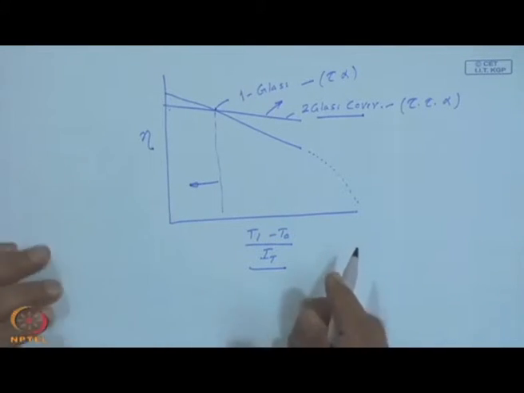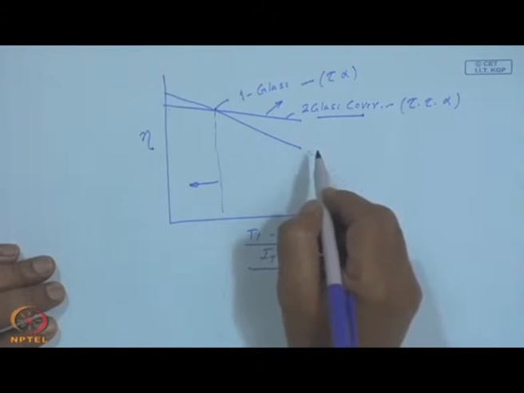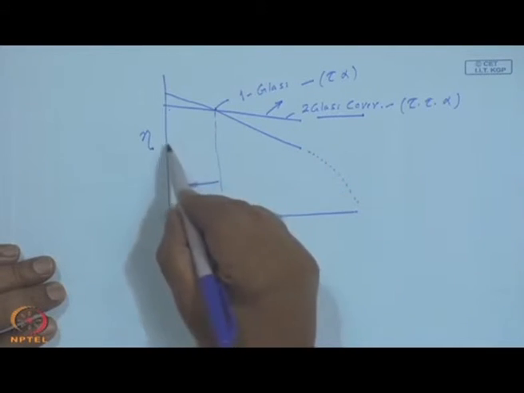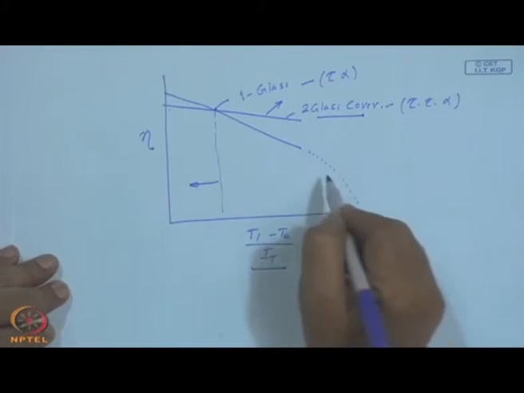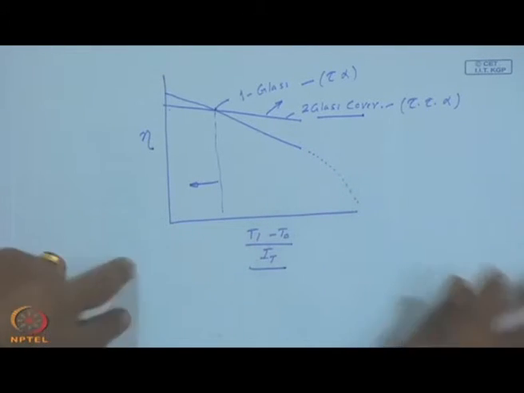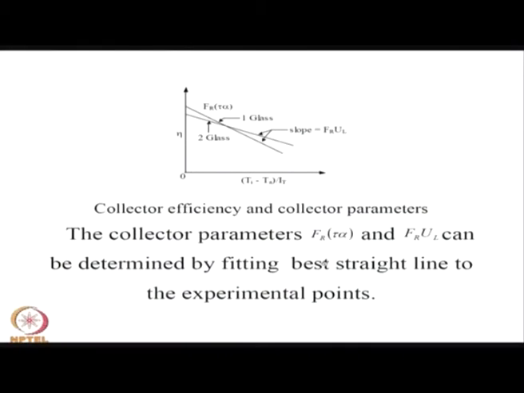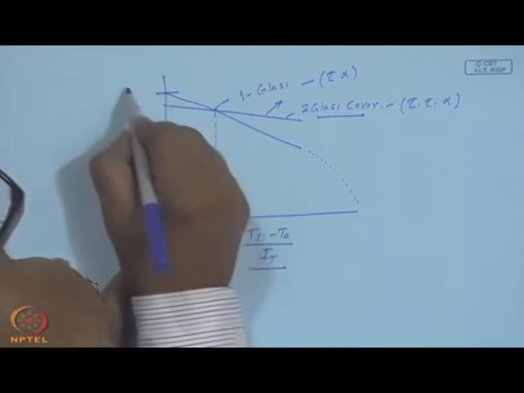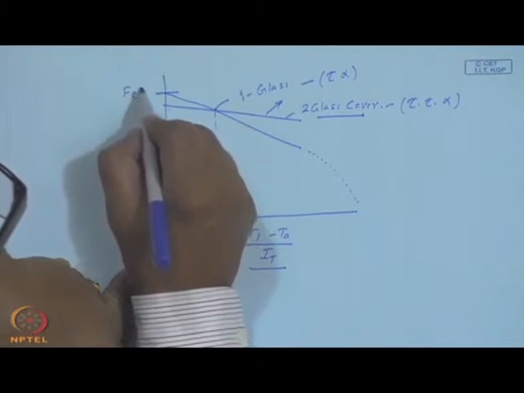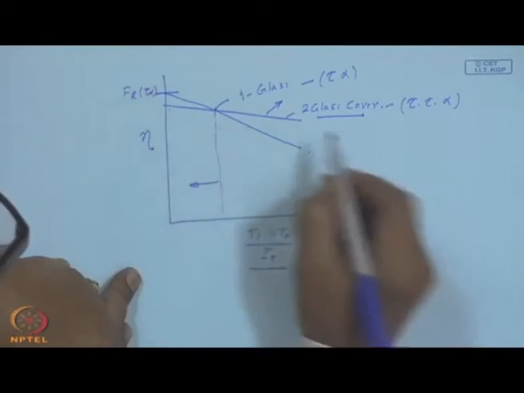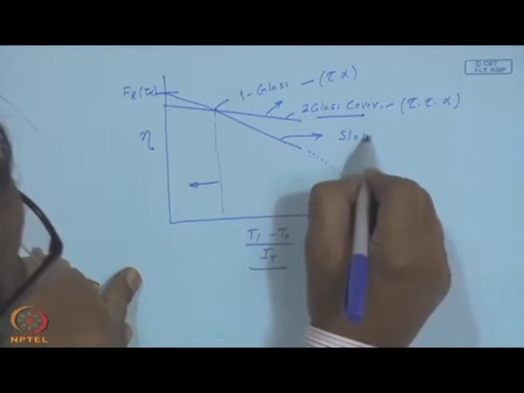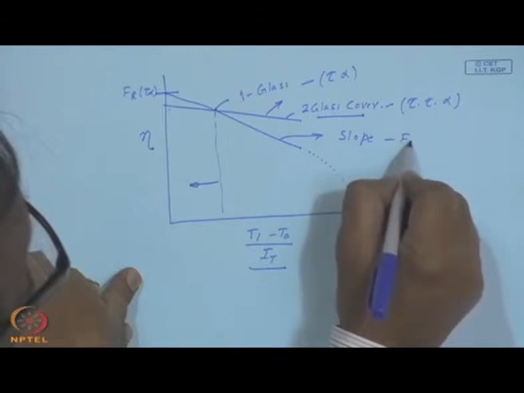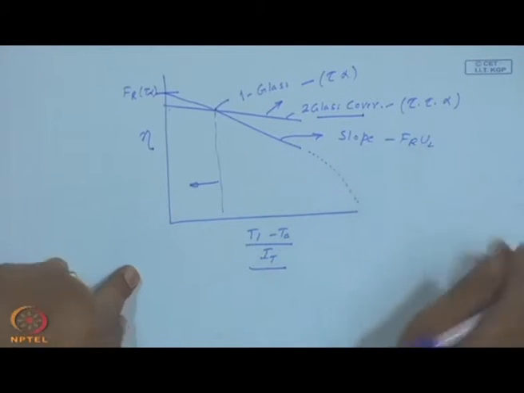So, this is a typical curve, and normally we hope to operate in the range before U_L variation becomes so large and this line becomes nonlinear. Now, if you look at that equation, this is going to be your F_R tau alpha intercept, and the slope of this will be minus F_R U_L.